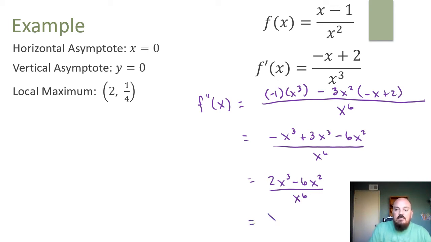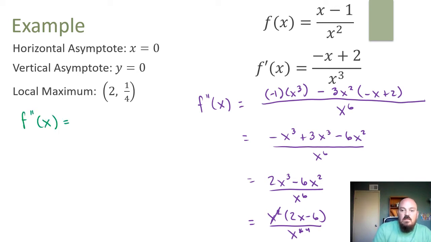If I factor out x squared on top, it leaves me with 2x minus 6. And then the x squared cancels with 2 of them on the bottom and would actually leave me with an x to the 4th. So what I'm going to get for my final second derivative, f double prime, is 2x minus 6 over x to the 4th power.